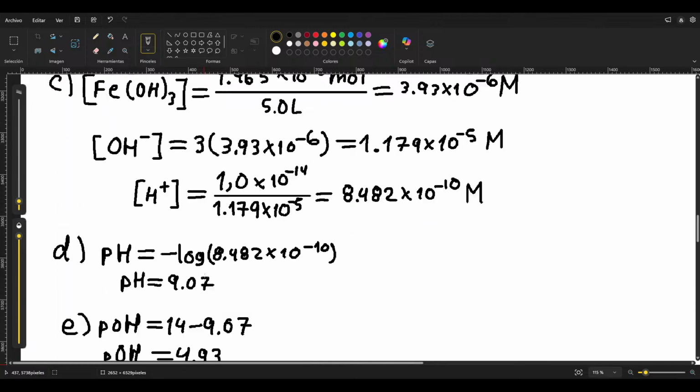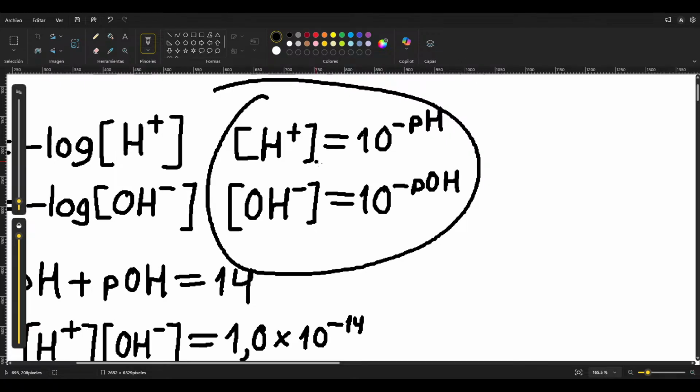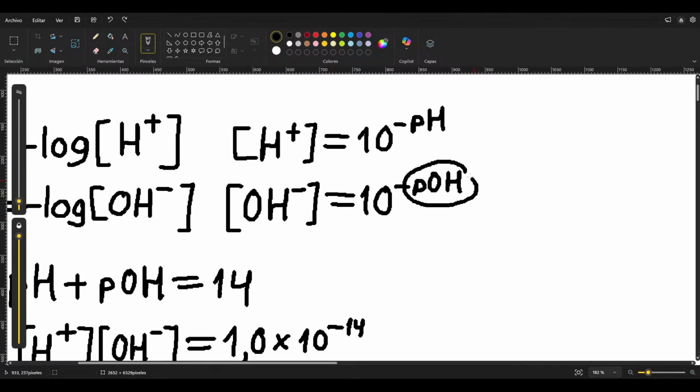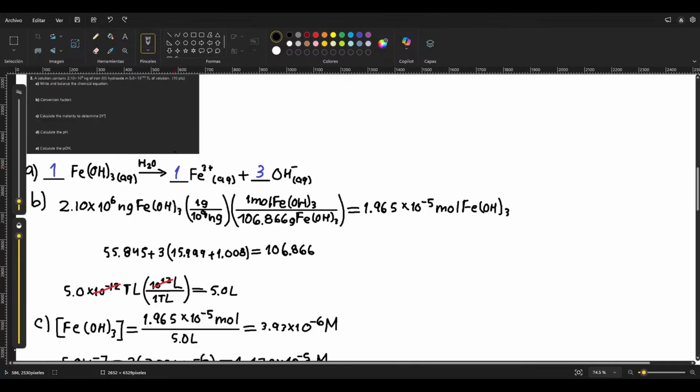So for these cases we have these formulas. In this case, with the pOH we can calculate hydroxide ion concentration with this, 10 to the negative pOH.